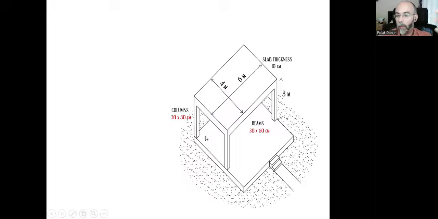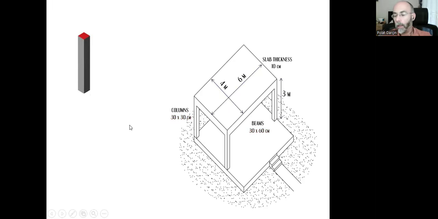However, if you don't want to deal with 25 centimeters, then we can have 30 centimeters. It will maybe be easier for the construction or the drawing. Instead of 25 by 30, we can just do 30 by 30 columns. And again, instead of 25 by 60, we can have 30 by 60 centimeters for the beams. But at this point, let's imagine a square-shaped column.